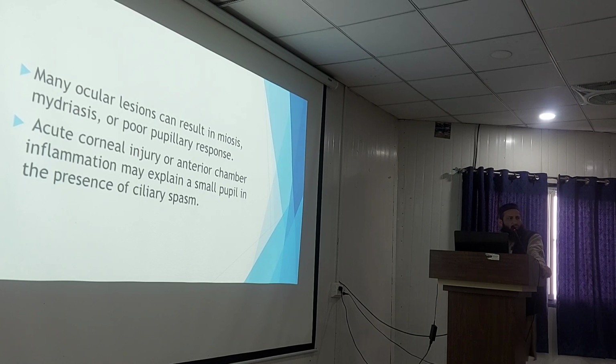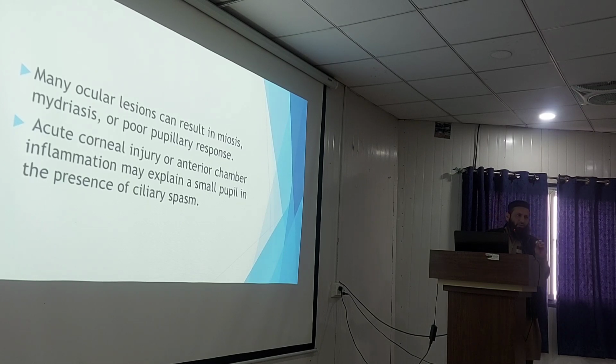Miosis. By looking at the pupil, just shining a light onto the eye, you can diagnose many things. A red eye with a constricted pupil is usually uveitis.